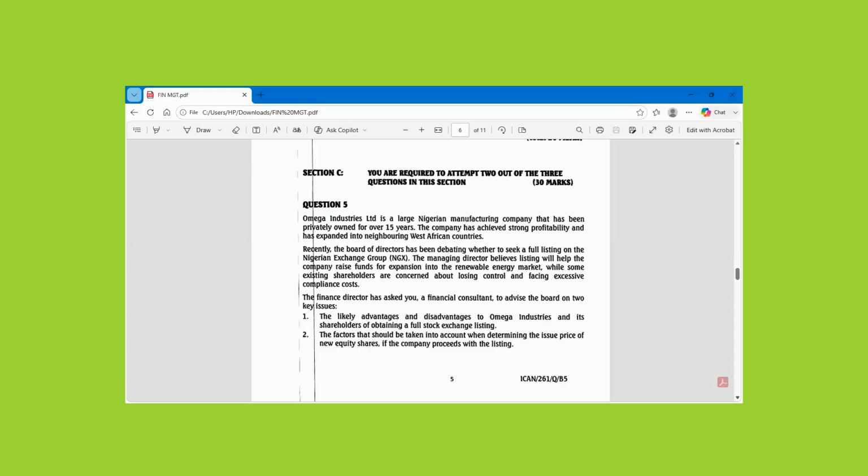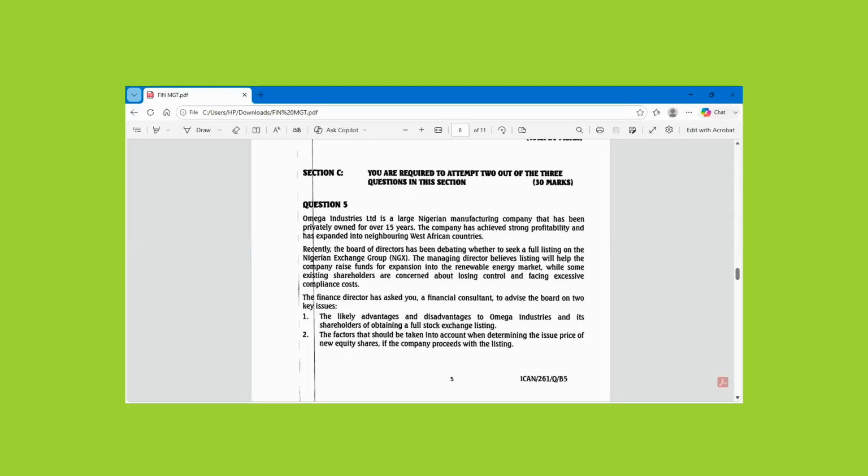The finance director has asked you as a financial consultant to advise the board. Number one, the likely advantages and disadvantages to Omega Industry and its shareholders of obtaining a full stock exchange listing.